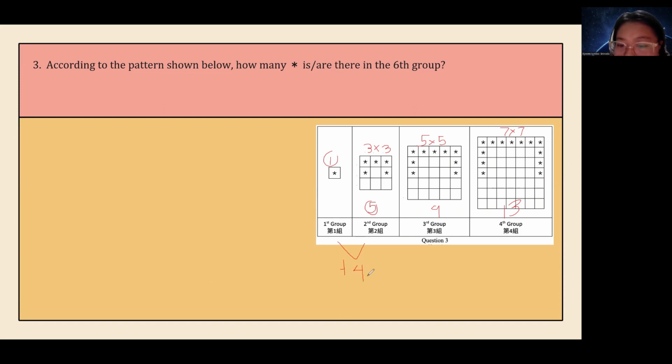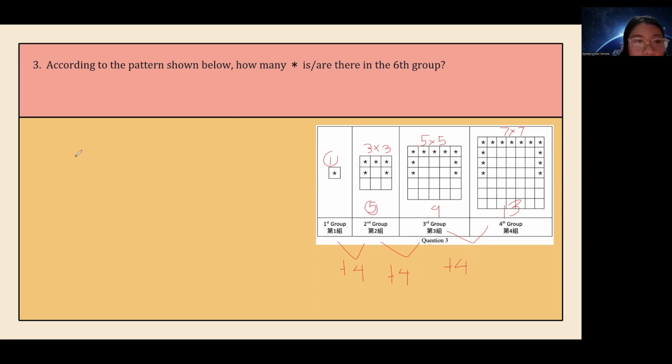Between 5 and 9, that is just +4. And between 9 and 13, we have also +4. It seems that the number of asterisks simply increases by 4 as you go to the next group.